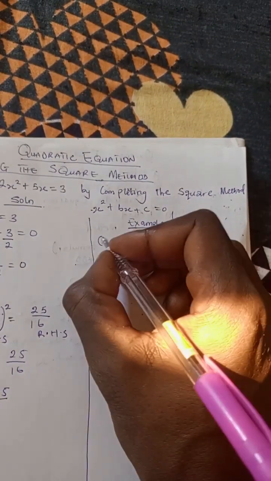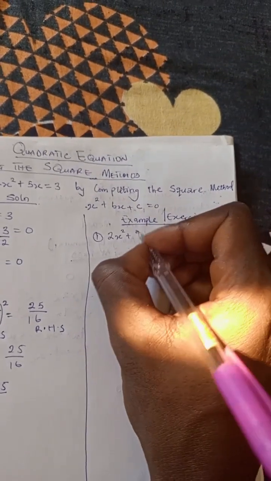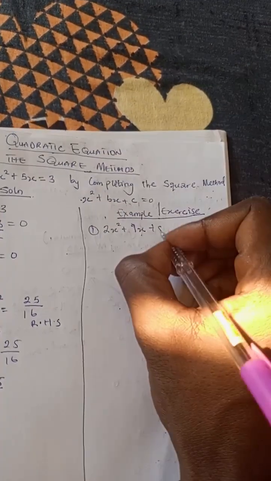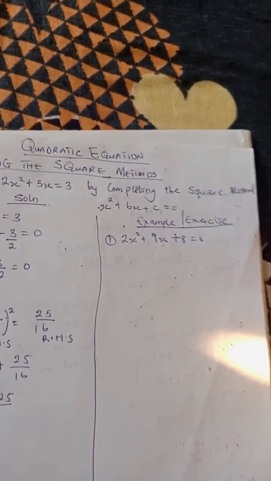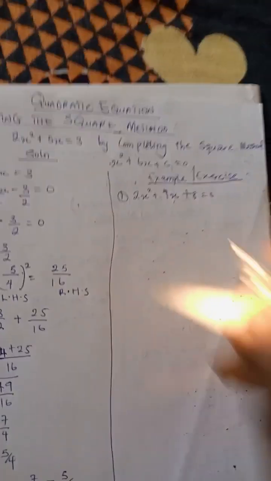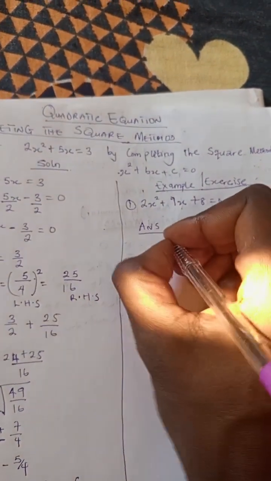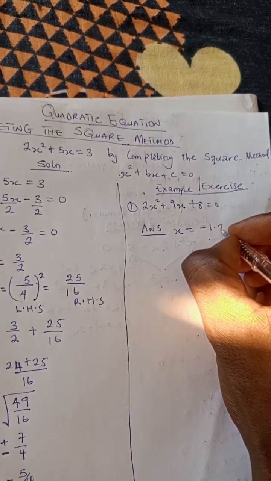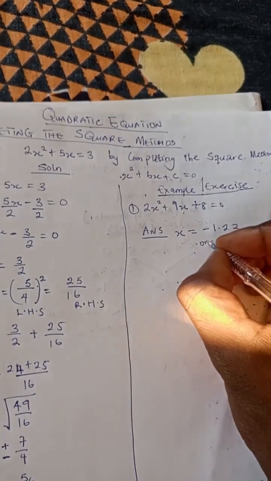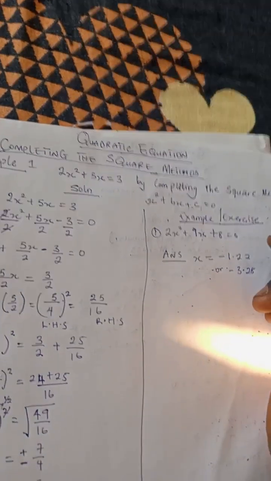So this is the take home assignment: 2x squared plus 9x plus 8 is equal to 0. You can solve this and then drop your answer and your work. After solving, you must be able to get an answer of x being equal to minus 1.22 or minus 3.28, correct to three significant figures.